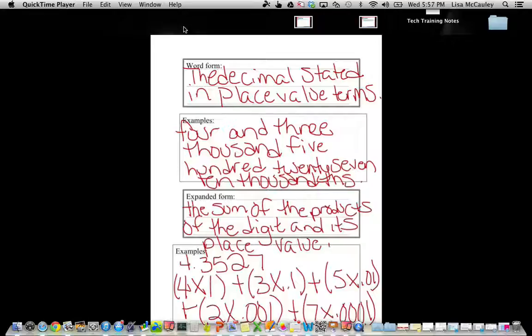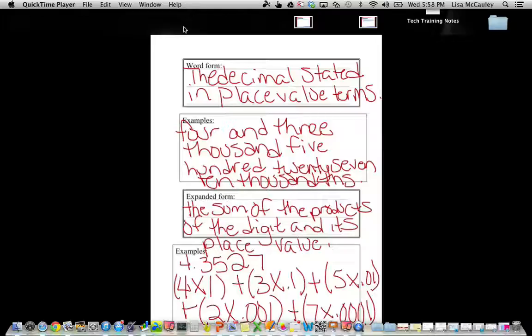Okay, that is how you do expanded form. So once again, word form is you say it just like it's written. The last word is the place value. When you do expanded form, you take the digits and expand it out by multiplying times the place value. It's actually not too bad.